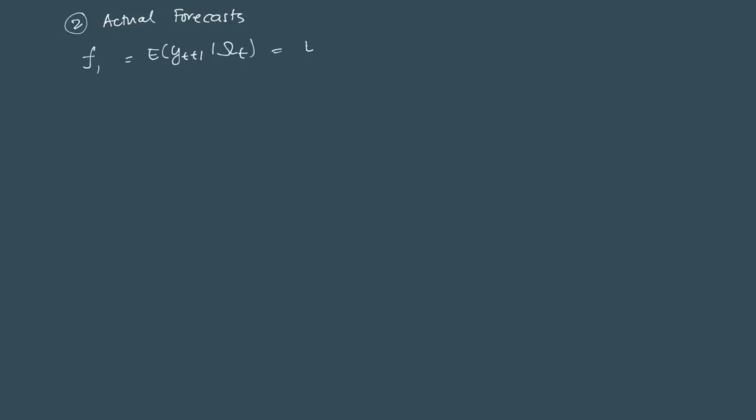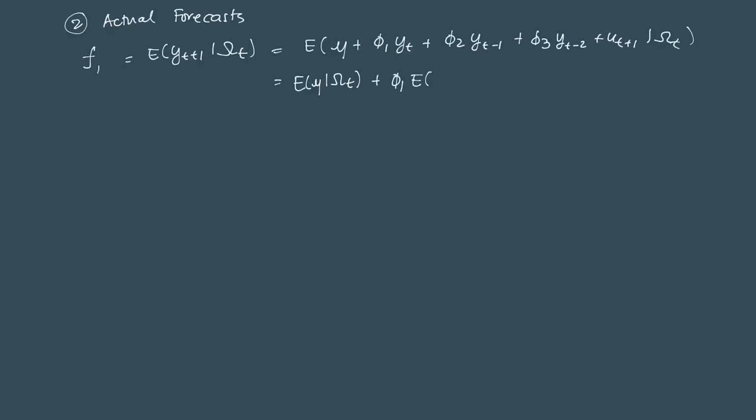That's going to be equal to the expected value of mu plus phi1 Y_t plus phi2 Y_{t-1} plus phi3 Y_{t-2} plus U_{t+1}, conditional on omega_t. Then, spreading the expected value operator: expected value of mu conditional on omega_t, plus phi1 expected value of Y_t conditional on omega_t, plus phi2 expected value of Y_{t-1} conditional on omega_t, plus phi3 expected value of Y_{t-2} conditional on omega_t, plus expected value of U_{t+1} conditional on omega_t.